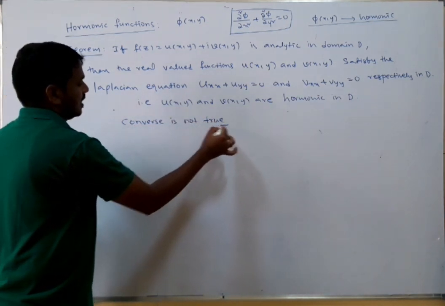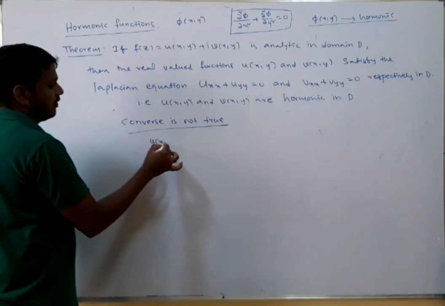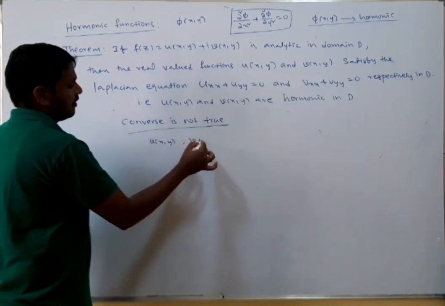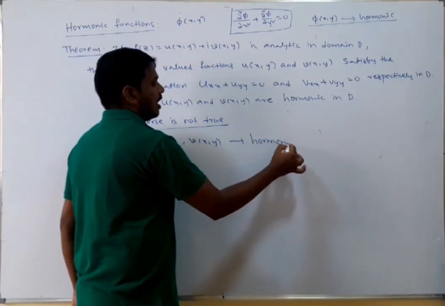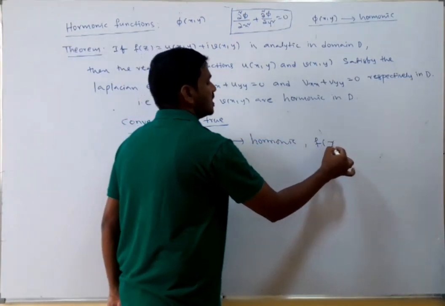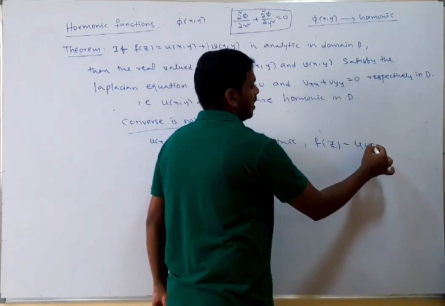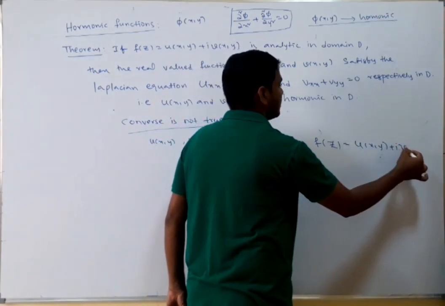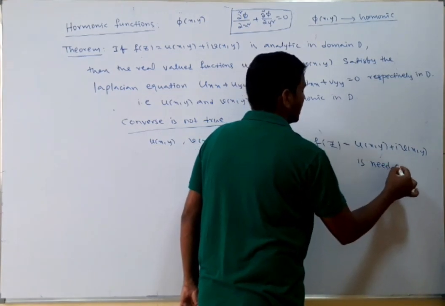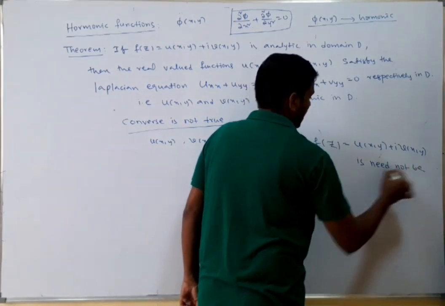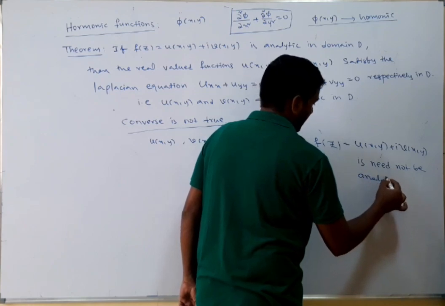What is the converse here? If u of x comma y and v of x comma y are harmonic, then f of z is equal to u of x comma y plus i v of x comma y need not be analytic.